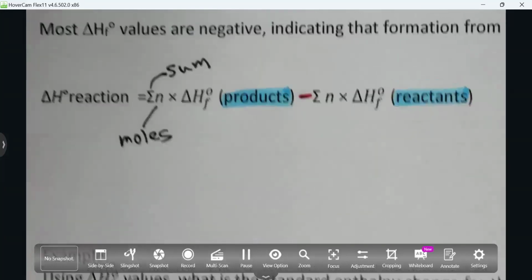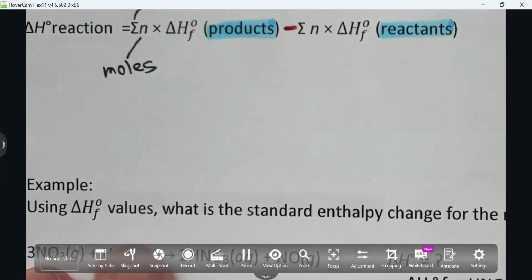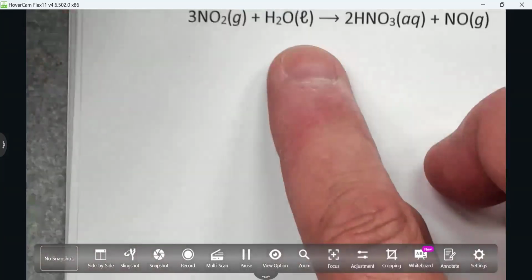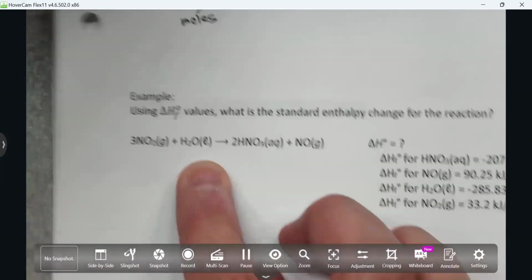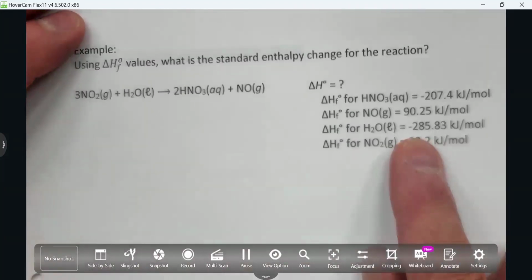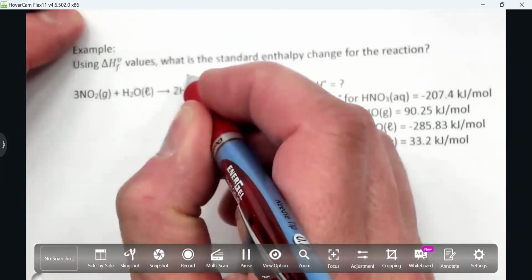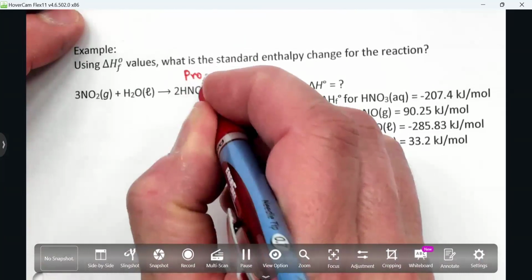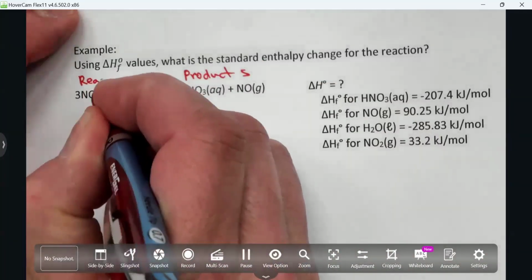Okay. It says using the enthalpy of formation values, which are on the bottom right here. Now, remember, this is products on this side and reactants on this side.